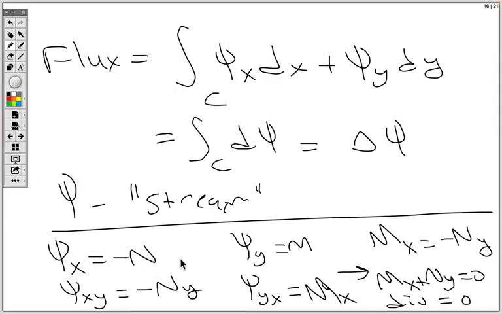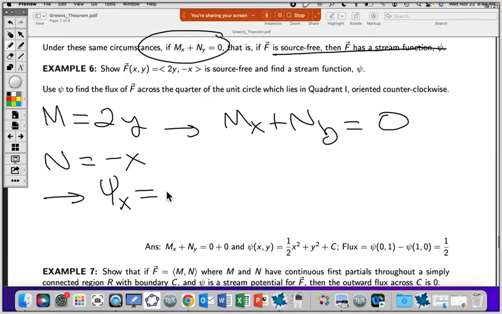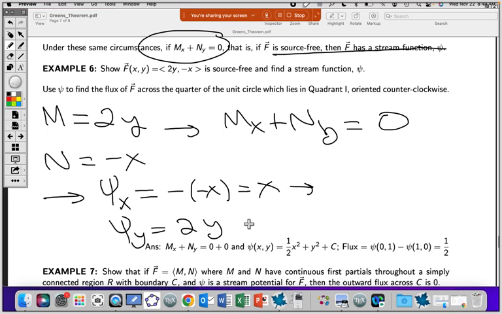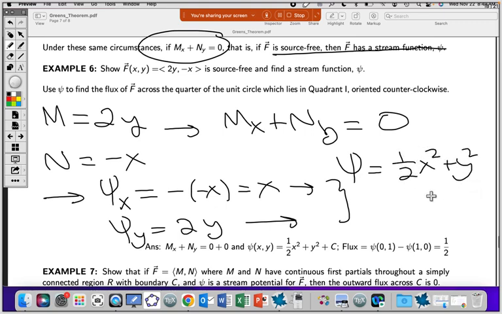Psi x is minus n, which is x. And then psi y would be 2y. And you put these together and you would get psi equals 1/2 (x squared plus y squared) plus a constant. Okay?